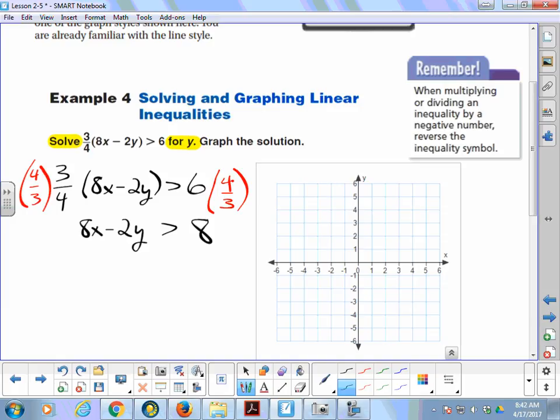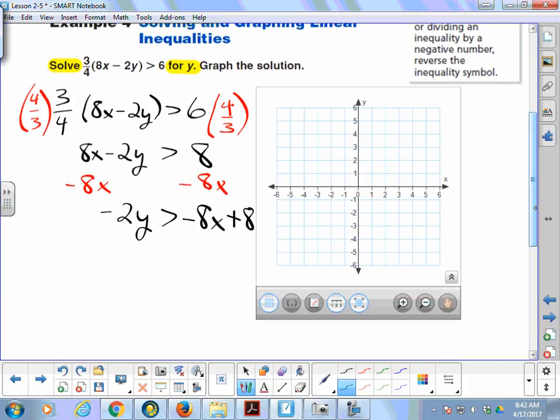But it says solve for y, so we're going to solve for y. So we subtract 8x. So we get negative 2y is greater than negative 8x plus 8. And then we divide by negative 2.